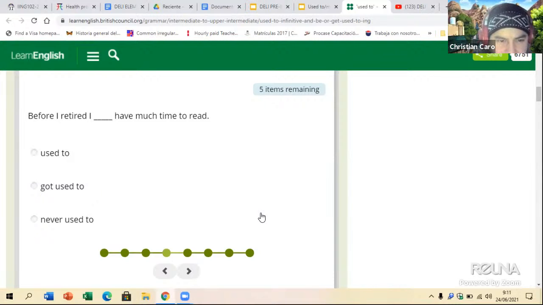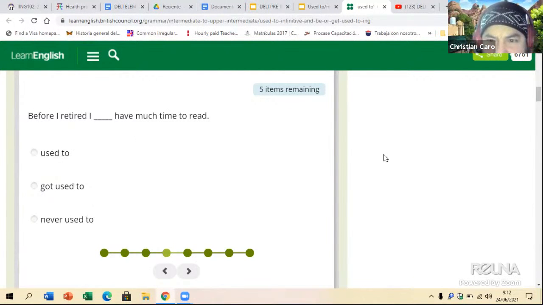I got used to have much time. I never used to have much time to read. This is pretty much about the context. Before I retire is clearly in the past. And then you need to check if tenía tiempo o no tenía tiempo para leer before I retired.